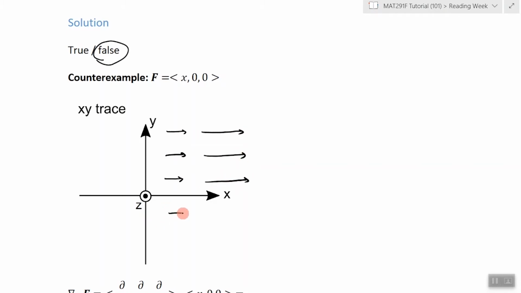So you see it still consists of parallel vectors. And just by looking, it actually has a negative x component when x is negative. But just by looking at the picture, you see that it has some sort of a source, right? Because it visibly diverges away from, let's say, the x equals 0 plane.